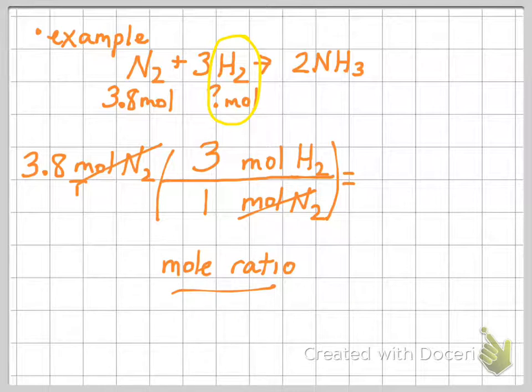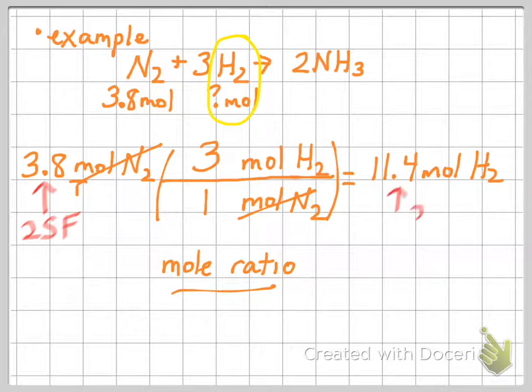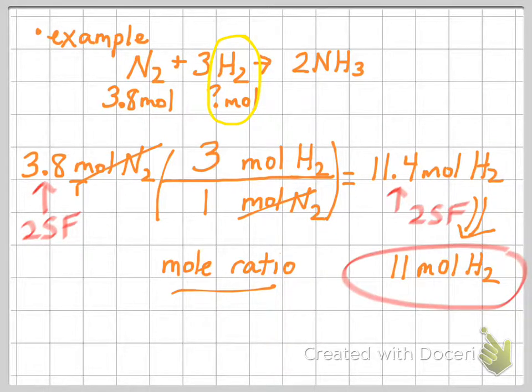So 3 times 3.8 gives me an answer of 11.4 moles of hydrogen. Now, I should always pay attention to significant figures. Right here I have 2 significant figures. So my answer should only have 2 significant figures. And the way it's written right now, it has 3. So I should rewrite my answer as 11 moles of hydrogen. So that's my answer right there.